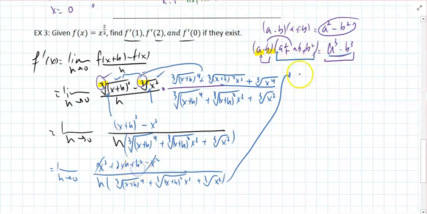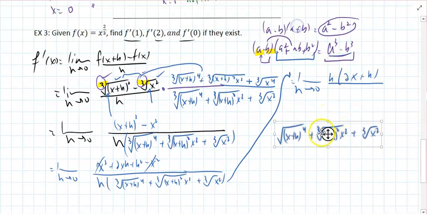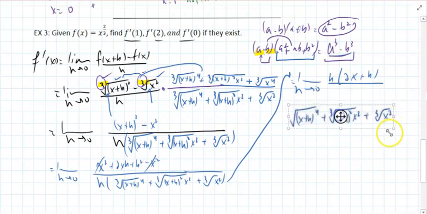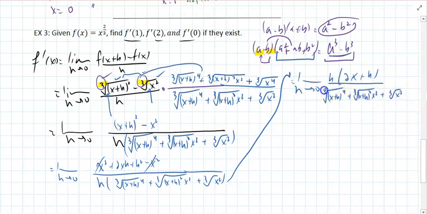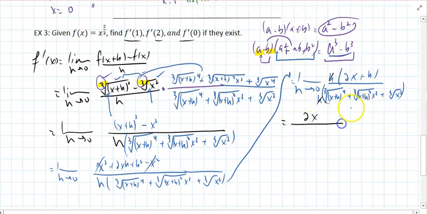If I factor an h out of that, 2x plus h, and this h cancel out.